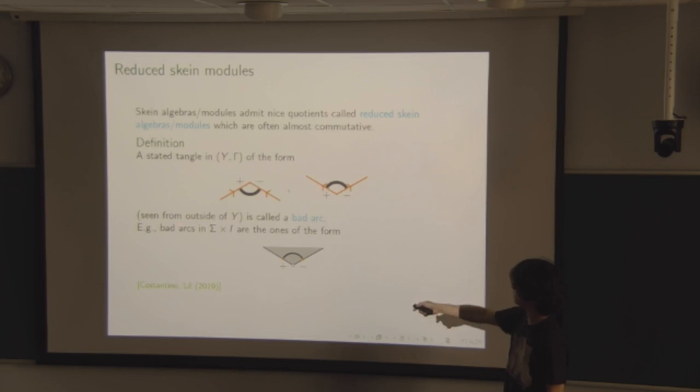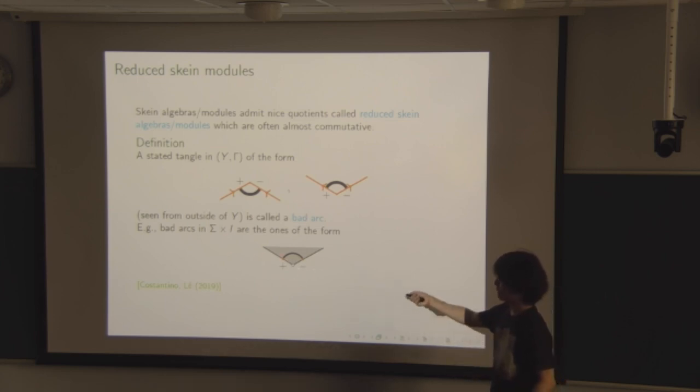For instance, in case of stated skein algebras, the bad arcs in surface times interval are the ones of the form where, first of all, it's an elementary tangle just going around a puncture in the boundary, and the state must be in such a way that as we go counterclockwise, it goes from minus to plus.